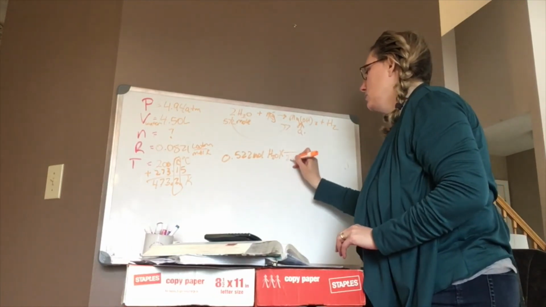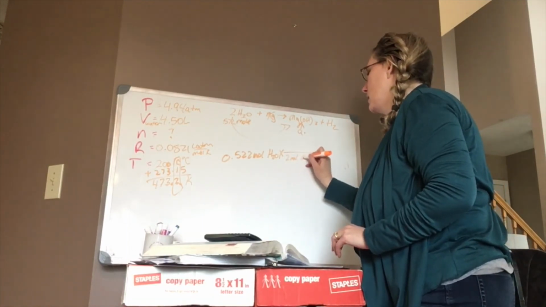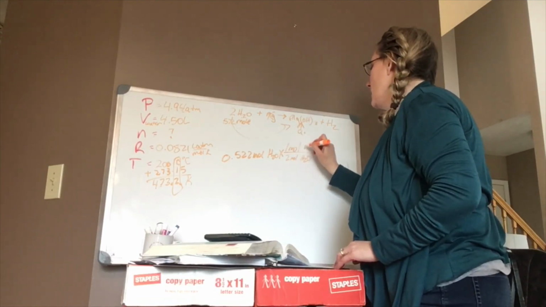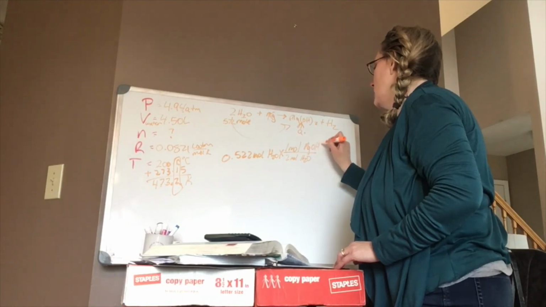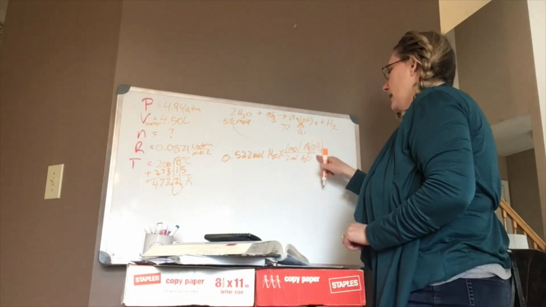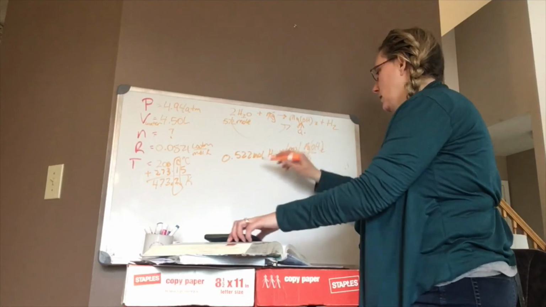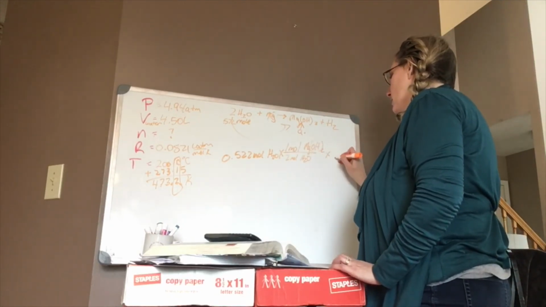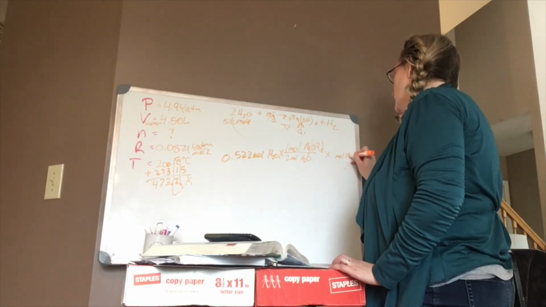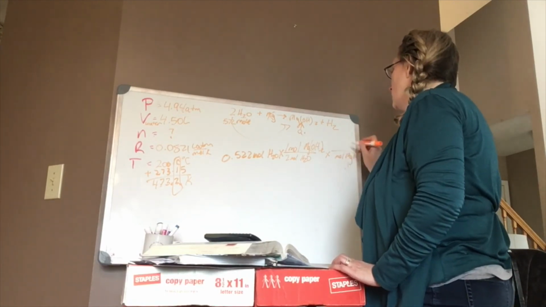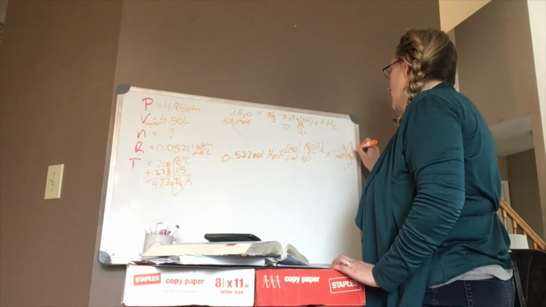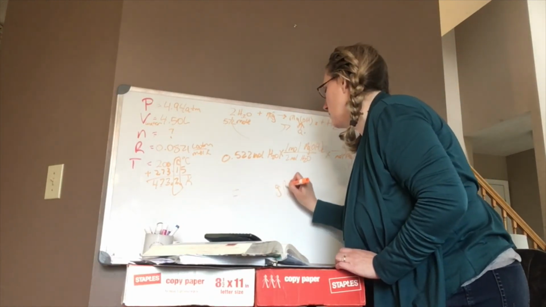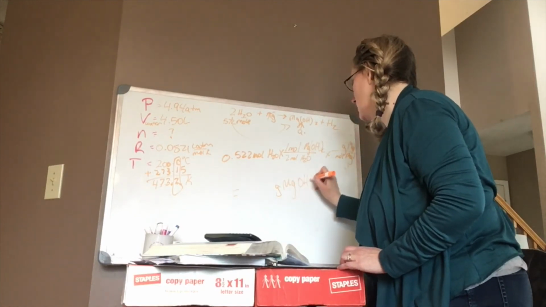For every 2 moles of water, I get 1 mole of magnesium hydroxide. But I can't stop there. I mean, you can do it, but I would just keep going. I want to get rid of my moles of magnesium hydroxide and go to how many grams of magnesium hydroxide I have, so that my final answer is going to be in grams of magnesium hydroxide.